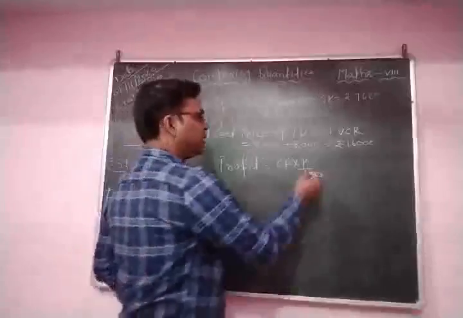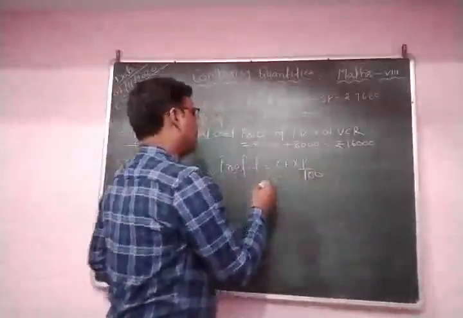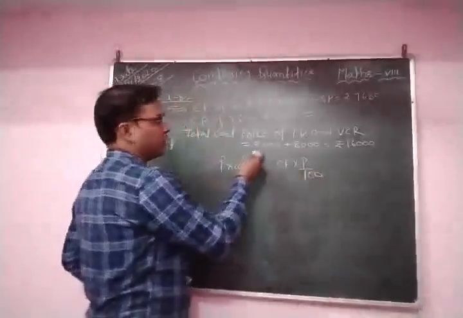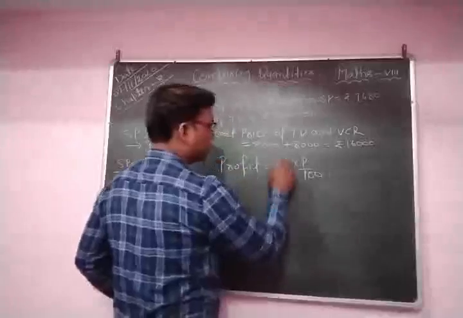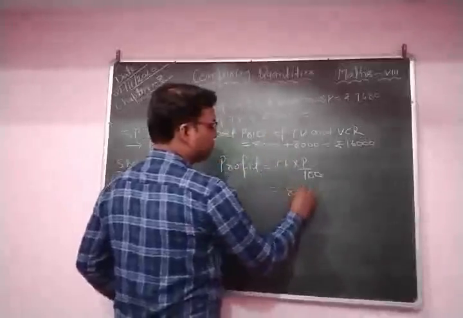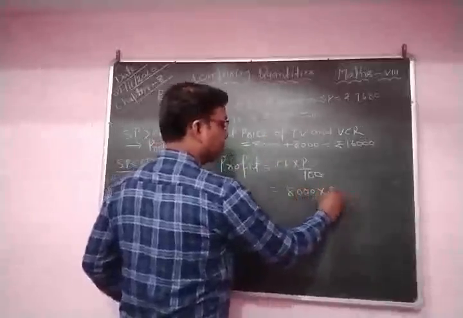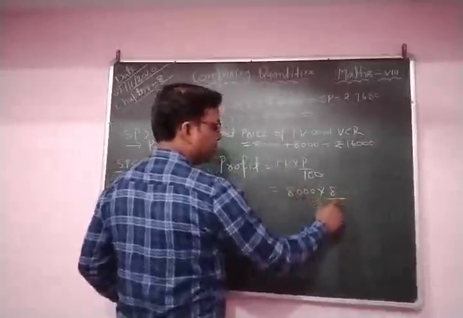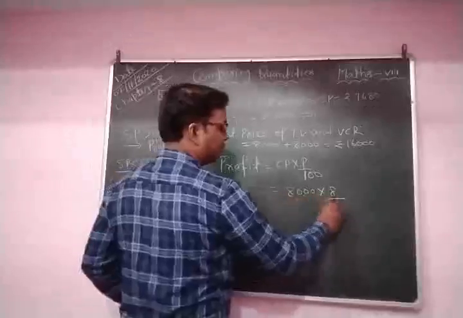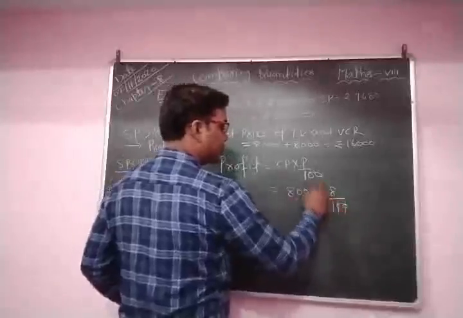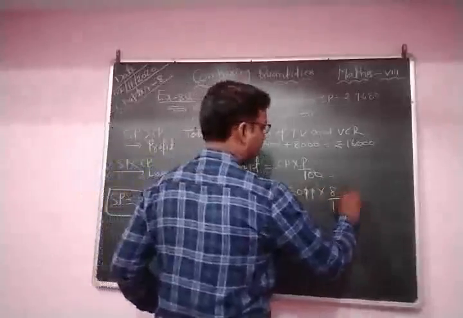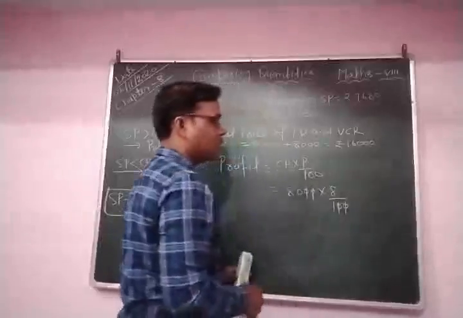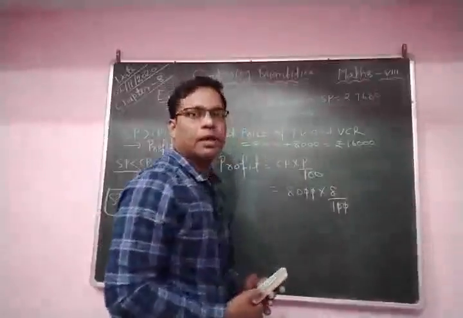So here we find profit on TV. This is equal to the cost price of TV, 8,000 rupees, given here, and this is 8% profit on TV, by 100. So you can cancel it, and in this way you obtain profit.